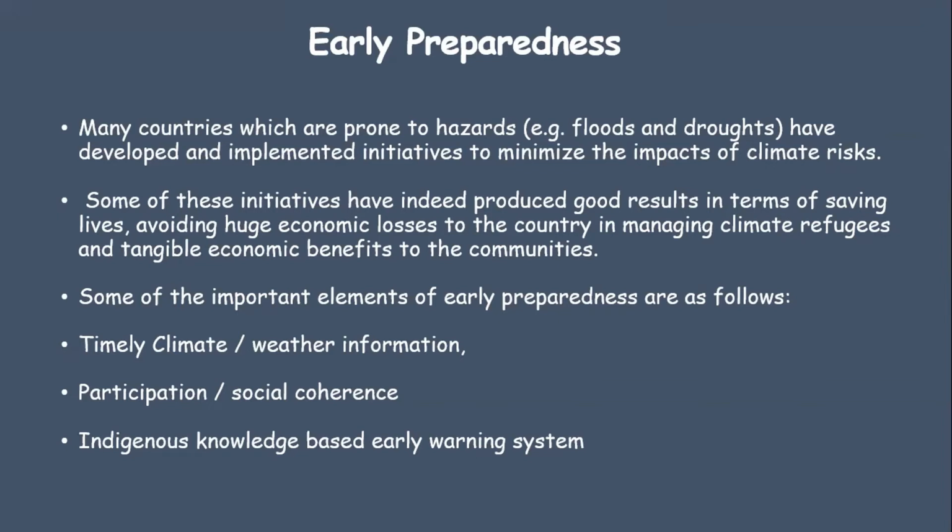We can have extra preparedness activities before the occurrence of that event. Through participation of social coherences, we can participate in different schemes and help the local community in the case of future droughts and floods, and indigenous knowledge based early warning systems.